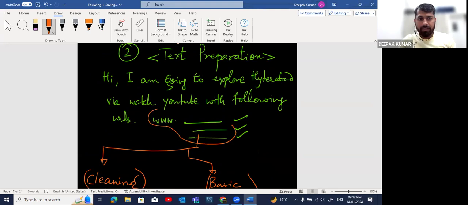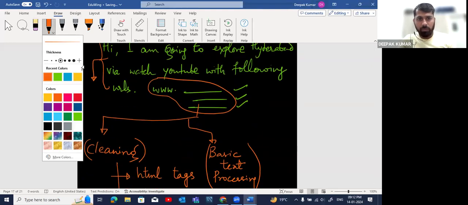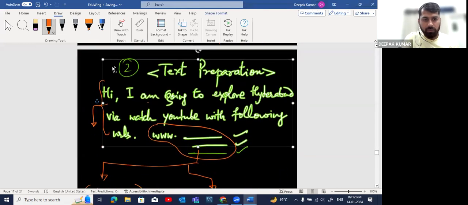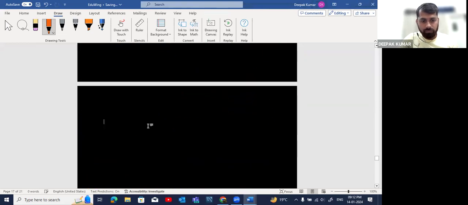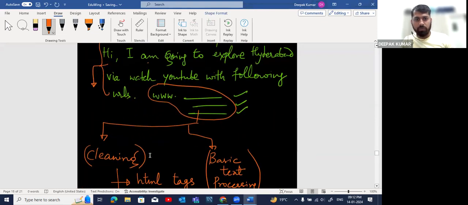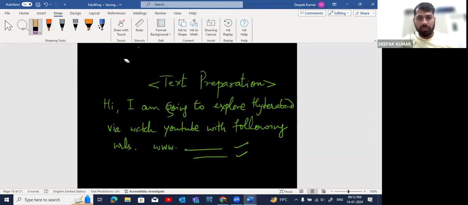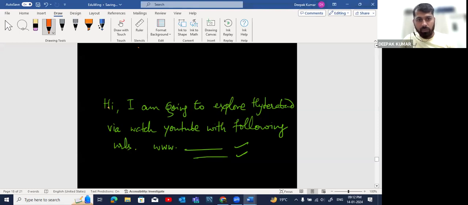After removing this portion, I will convert this text into a list or a set where I differentiate every word in a sentence via comma.